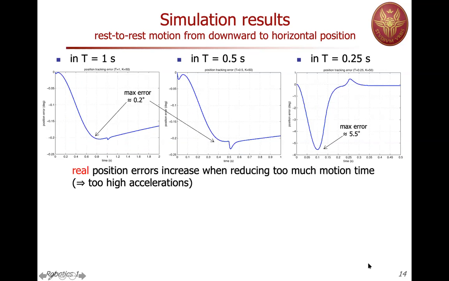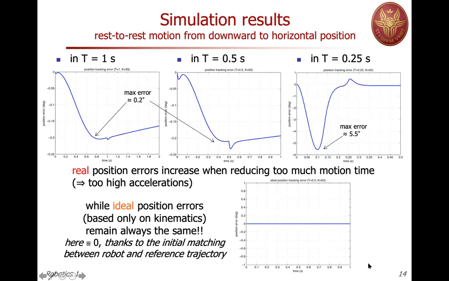So I think that this is an extra slide that just replicates the error in the 3 cases, the real error. Of course, if we consider the ideal model, in no case we would have seen error, because we assume that the low-level loop, so the lower block of the simulation, is doing things as if everything remains ideal, no matter how fast you're doing this motion, okay?